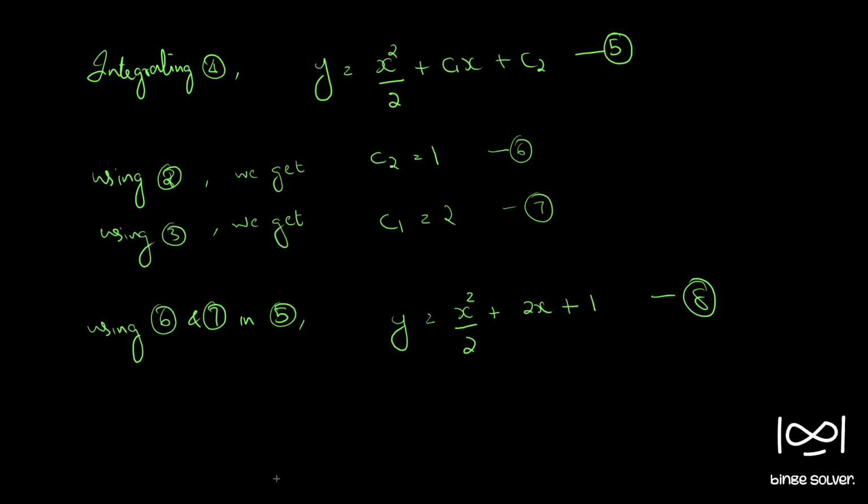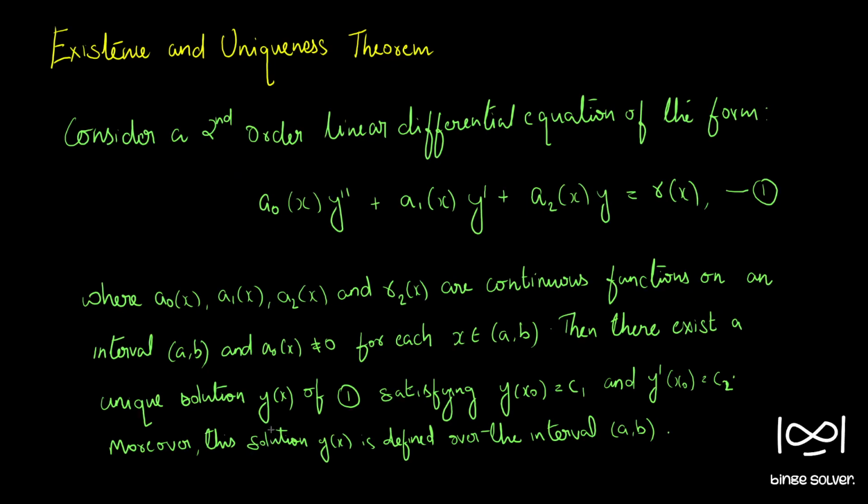Now I will just go through the uniqueness theorem once. This is our uniqueness theorem. For a second order linear differential equation of this form, a0x y double dash plus a1x y dash plus a2x y equal to r of x, the uniqueness theorem says there exists a unique solution in an interval a to b if certain conditions are met.